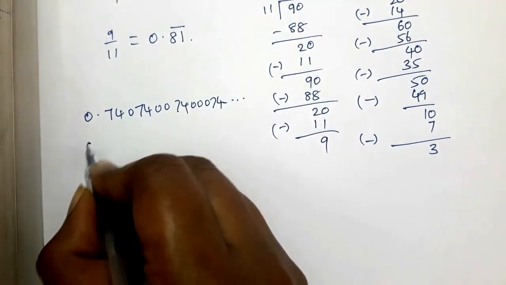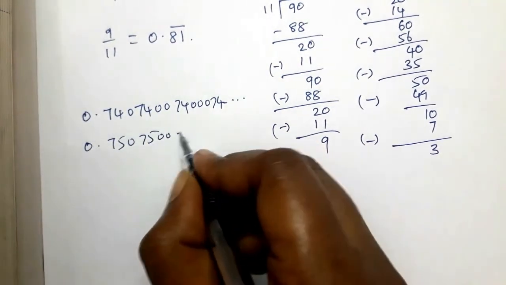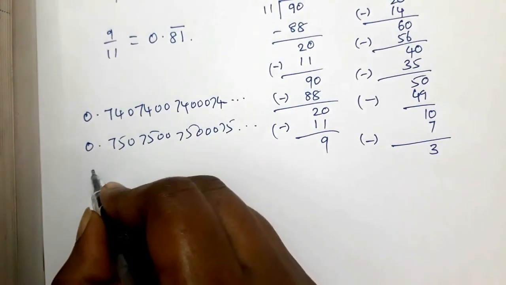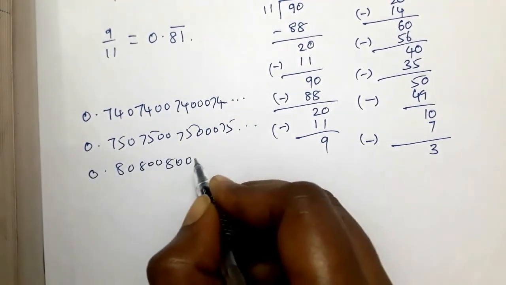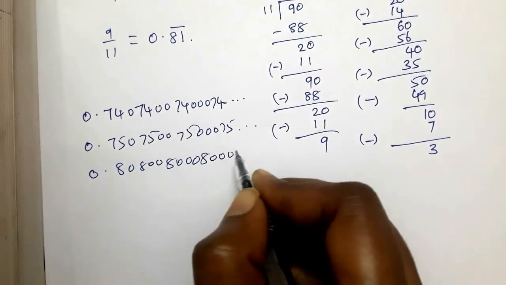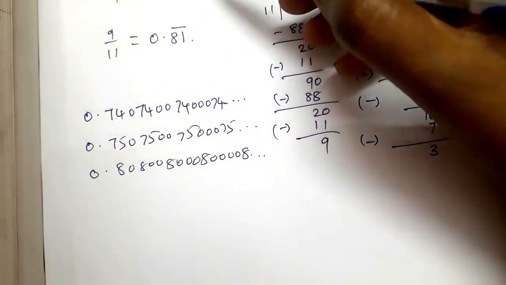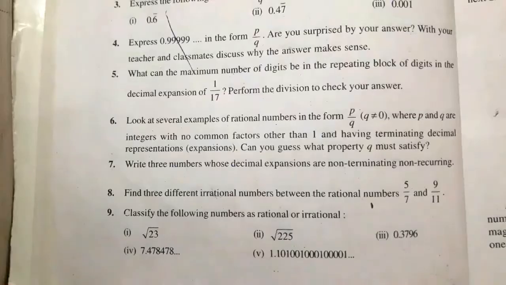Next one, 0.75075007500075 and so on. And next one, 0.808008000800008 and so on. Like this we have to write any 3 irrational numbers in between the given rational numbers. Now move on to the next question.